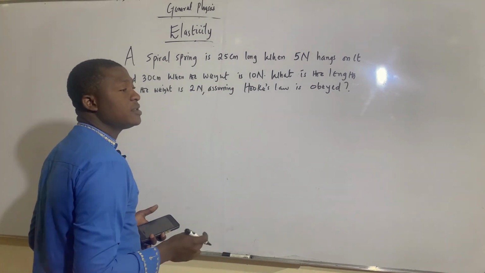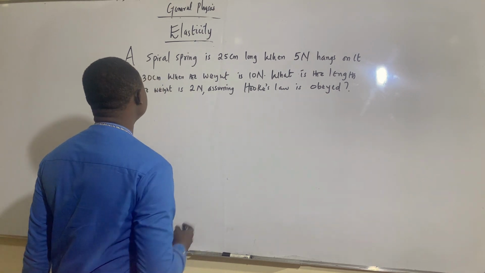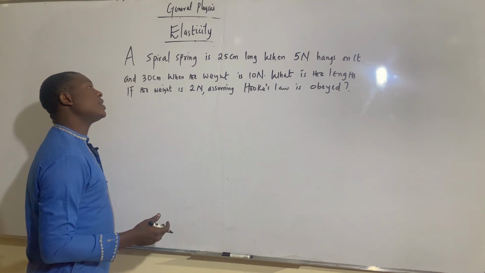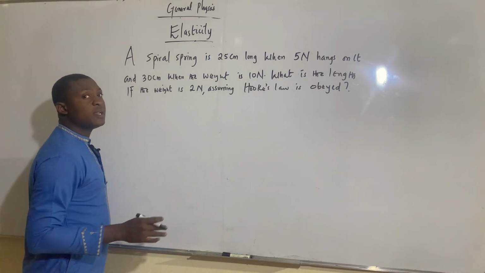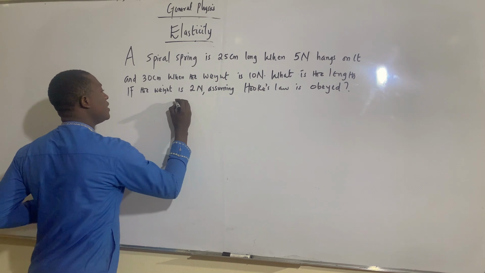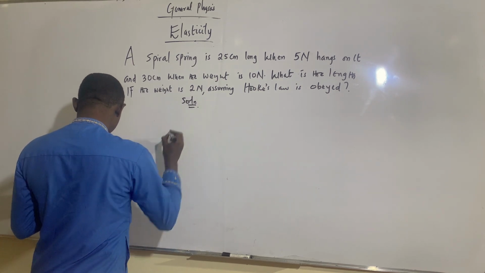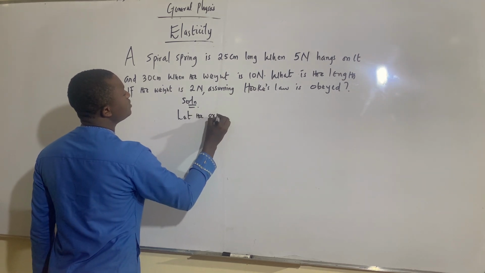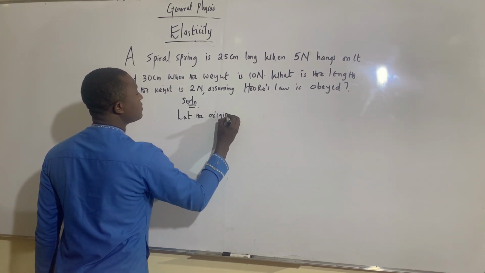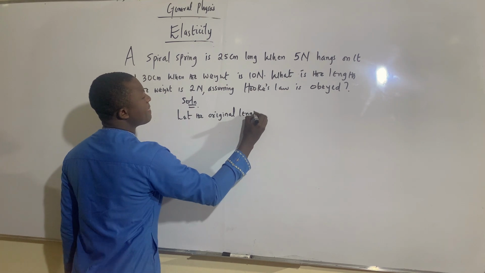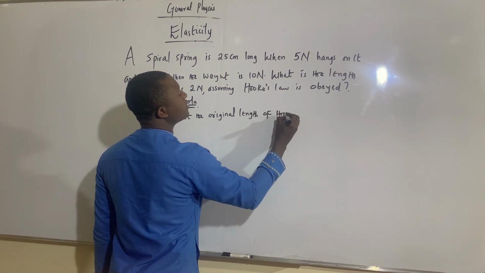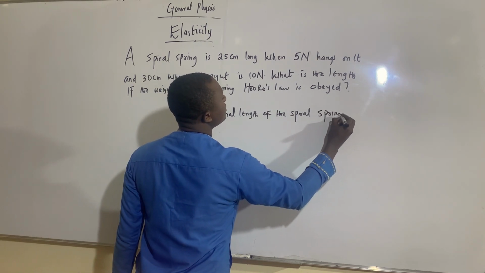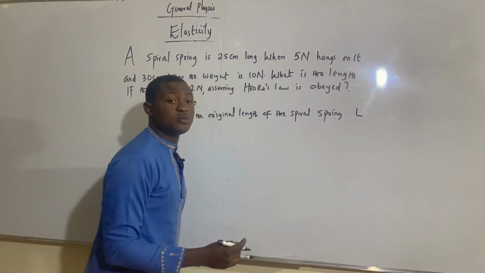So now this is another case. We are asked to find the length here, but it's nothing. You can just do it in another way, but you can use similar cases. So first thing, let the original length of the spiral spring, let's say is L, since I'm going to look for that.